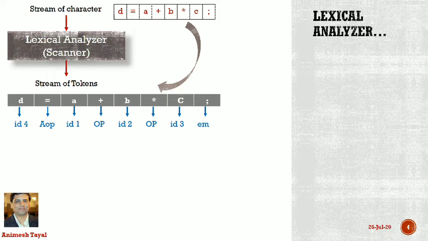So a is ID1, plus is an operator, meaning arithmetic operator here. b is ID2, star is an operator, c is ID3, and semicolon is again the end marker. So it is a stream of tokens, group of tokens we can say, which will be passed to the next phase, syntax analyzer. Clear?